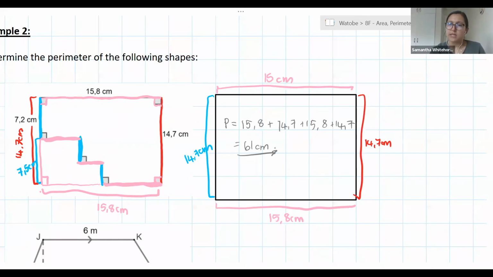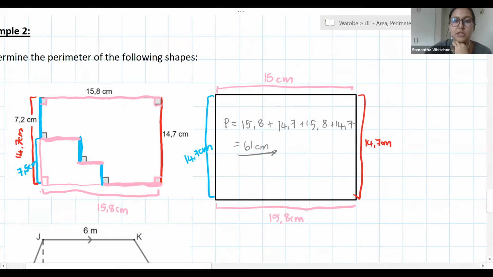If I extended the sides, I would have a rectangle. All the stepped lengths make up the total length of my rectangle. It might look confusing, but we need to look carefully at what we have been given.